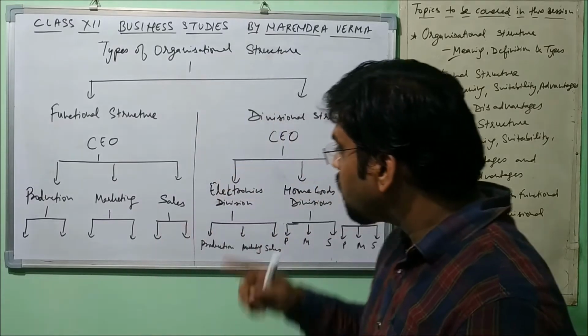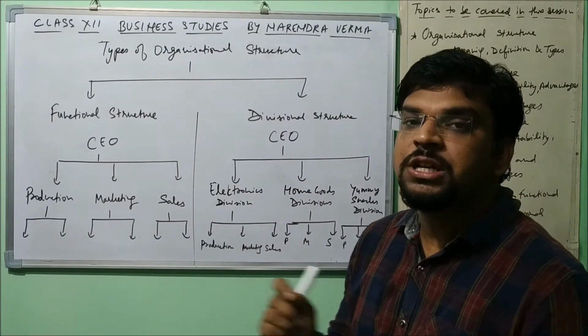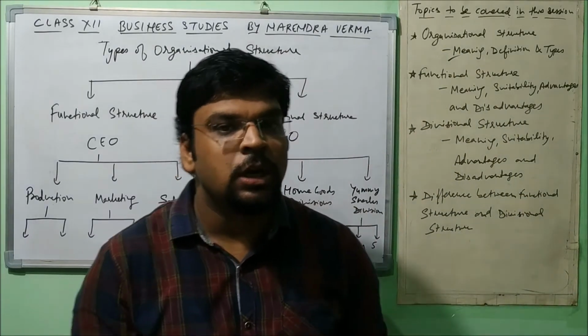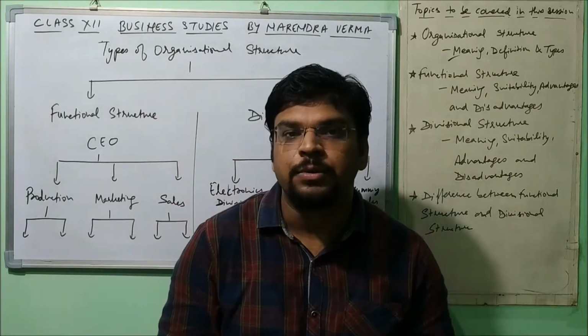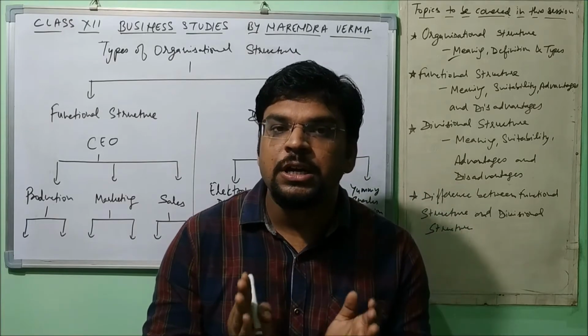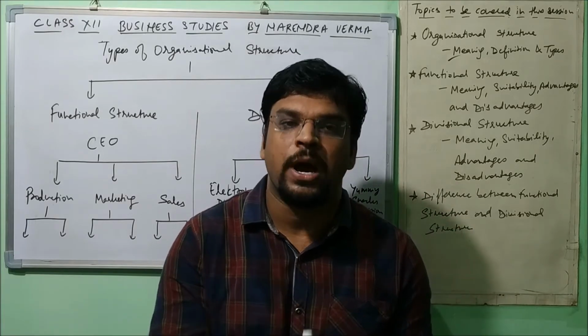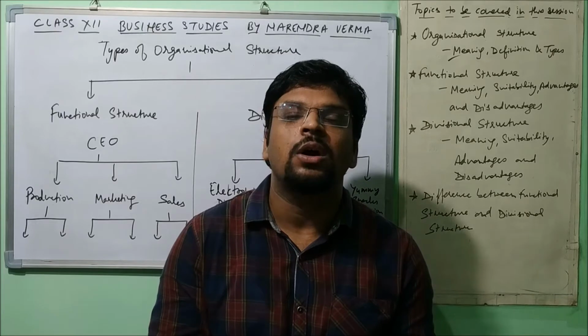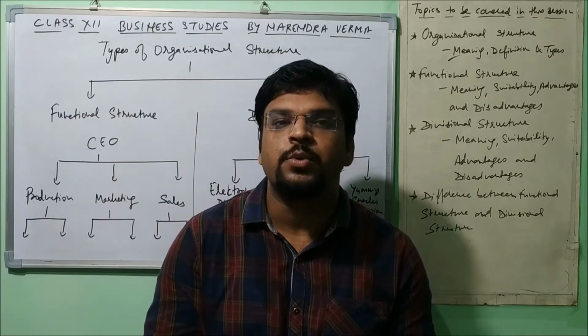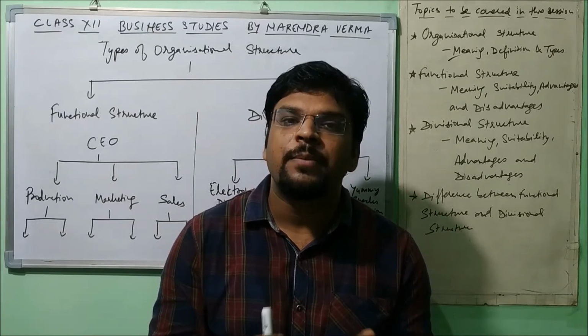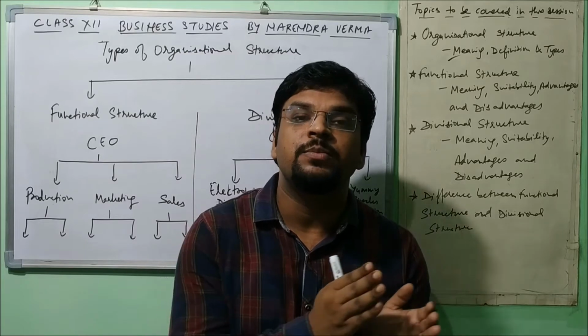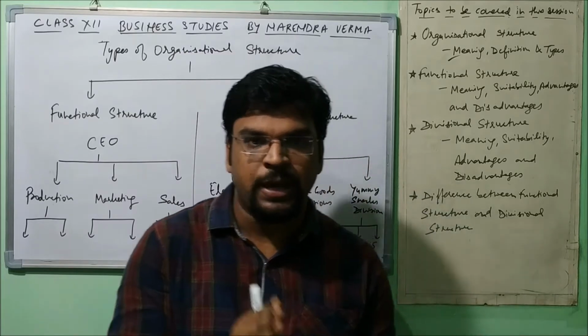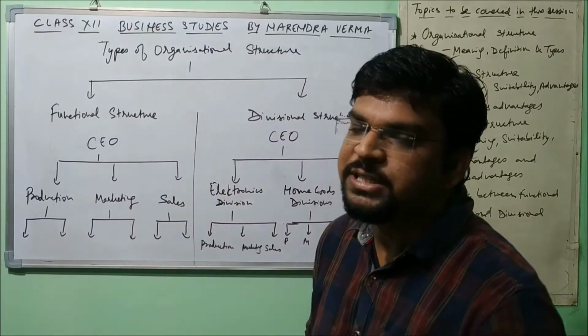Another, divisional. How is divisional different from functional? Under divisional, what happens? The separation is done on the basis of products, right? If an organization is dealing in multiple products, then for separate products, they will maintain a separate business unit or division. Okay, now let's consider it with an example.